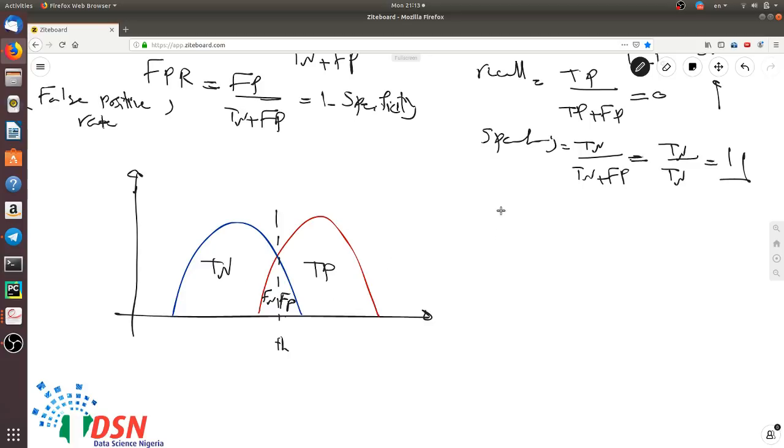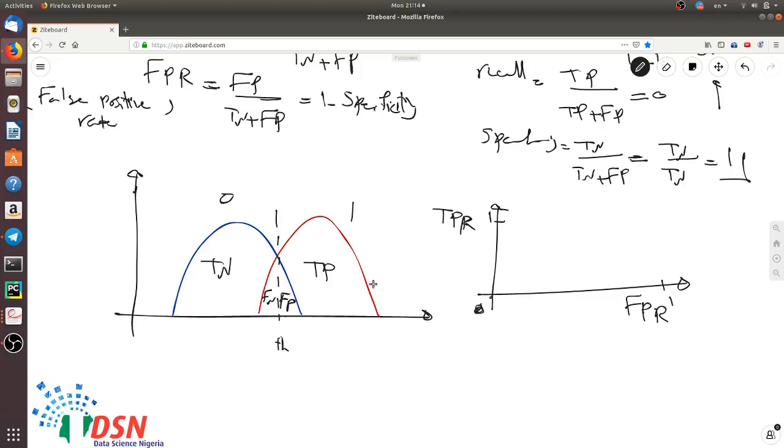Okay, for this kind of distribution of true 1 and 0 data, if we plot the true positive rate versus false positive rate, with 0 and 1 here, and we change the threshold, then by changing the threshold we are changing the false positive rate.